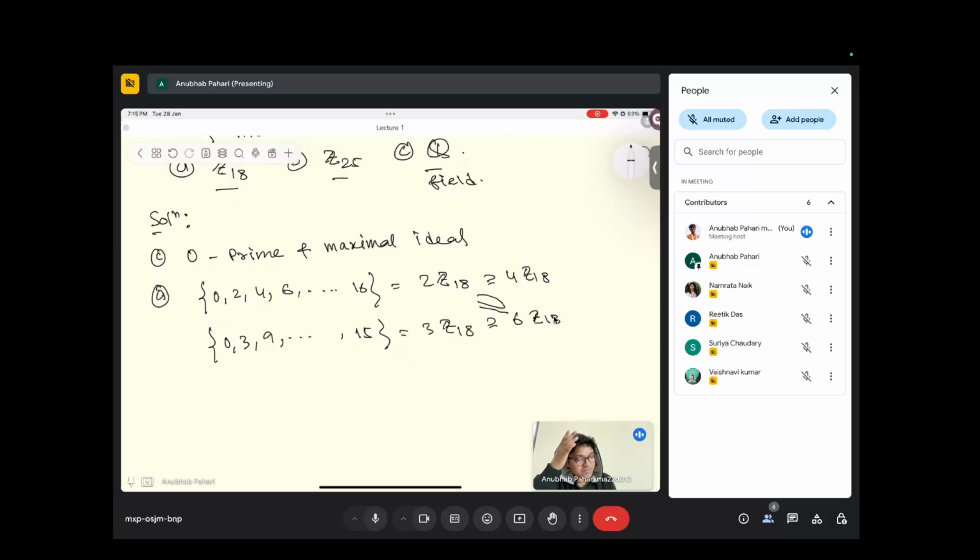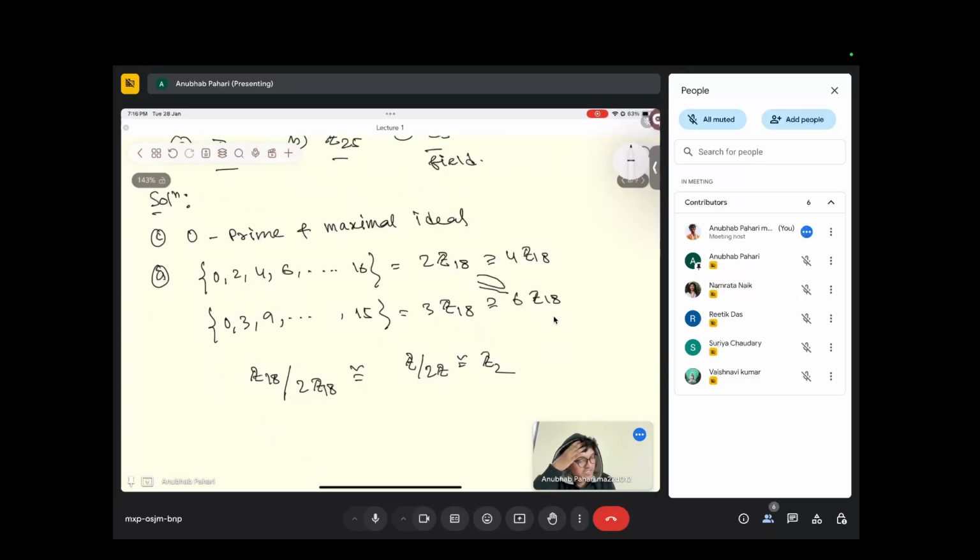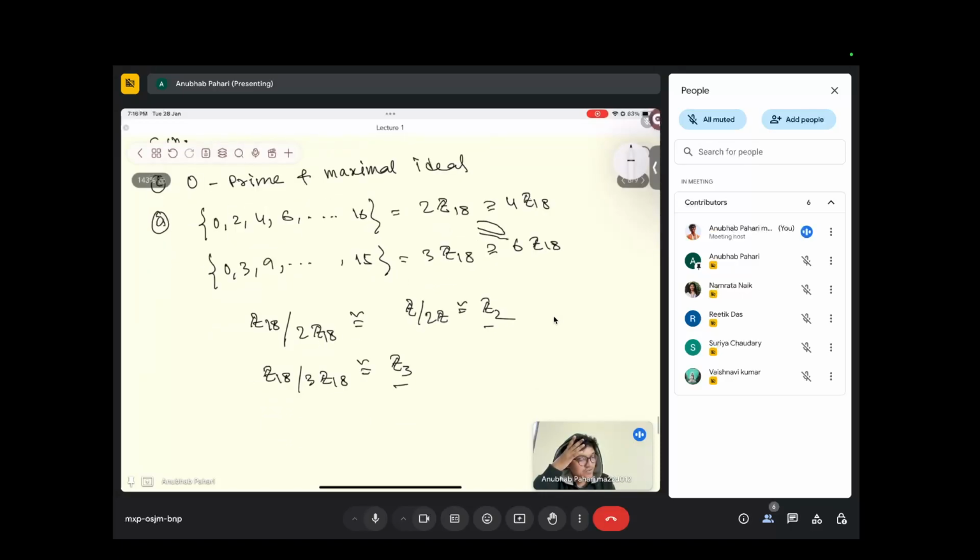Z18 by 2Z18 should be Z2, and Z18 by 3Z18 should be Z3. These are fields, as well as integral domains. So 2Z18 and 3Z18 should be maximal and prime.